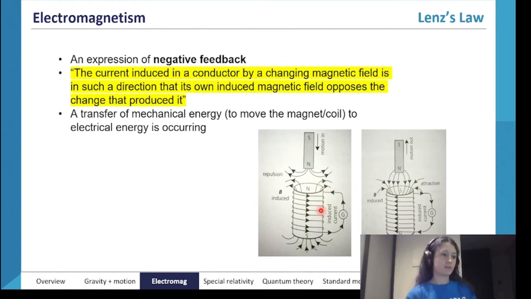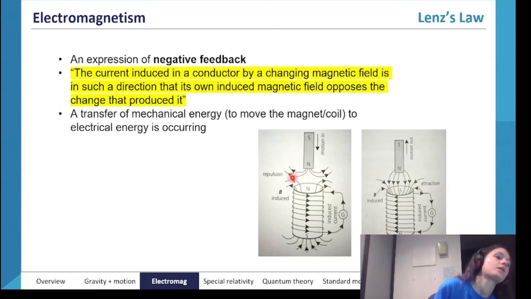So you're trying to move the magnet in, and as a result of this changing magnetic field, remember, a changing magnetic field induces our current. You are changing the magnetic field by moving this magnet, and the current refuses that, generating its own magnetic field to oppose it. It's going to generate a current with north in this direction so that it opposes your magnet.